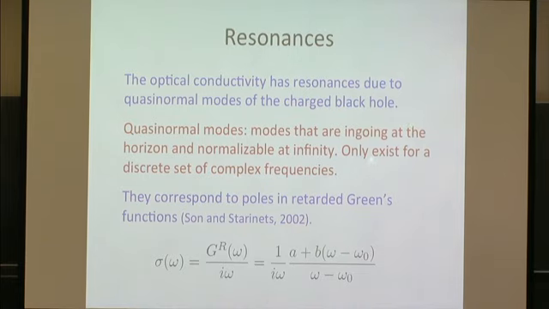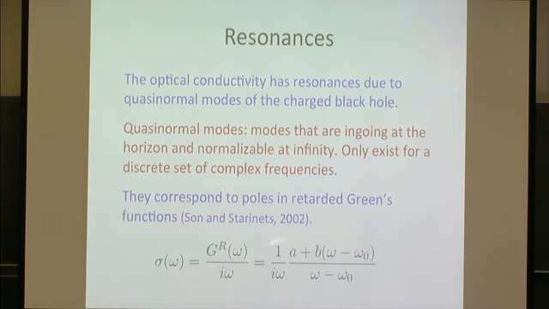Quasi-normal modes, I remind you, are simply modes that are purely ingoing at the horizon, normalizable at infinity, and they exist for only a discrete set of complex frequencies. And it's been known for 10 years now that they correspond to poles in the retarded Green's function, and therefore they show up as resonances in the optical conductivity.